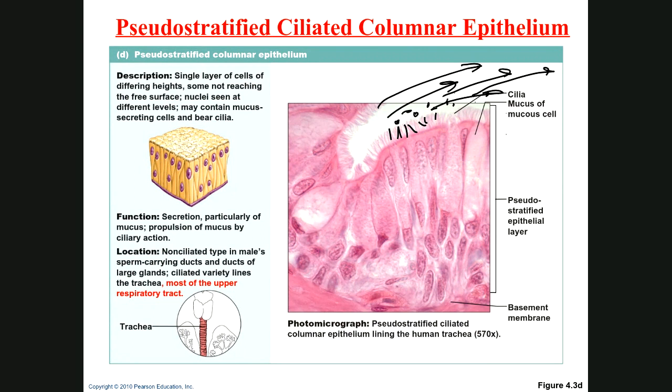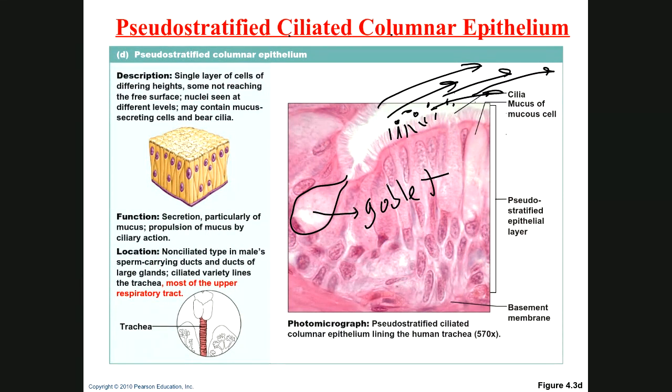Something else that's going to help with the elimination of these foreign particles will be the goblet cell. So there's a little goblet cell right there. So the pseudostratified ciliated columnar epithelium has goblet cells, just like simple columnar epithelium.